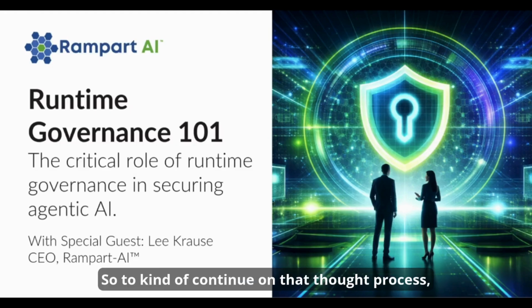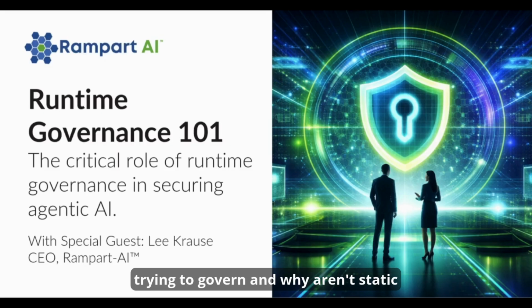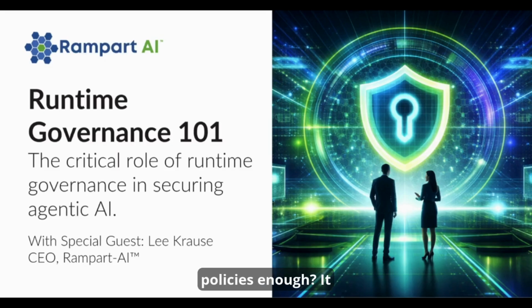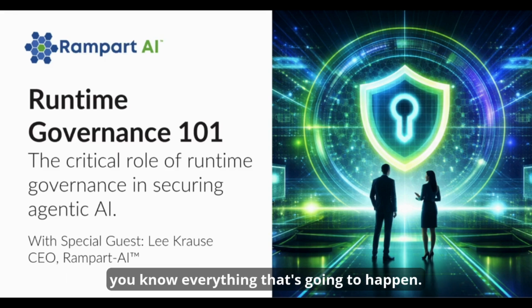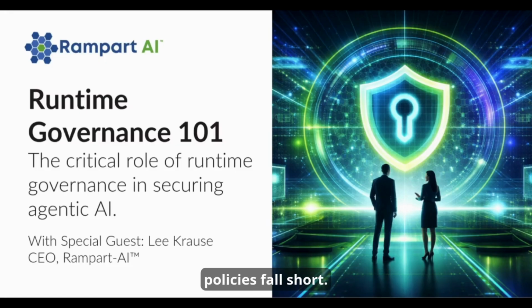So to continue on that thought, what kind of agentic behaviors are companies trying to govern, and why aren't static policies enough? It goes back to the point that static policies work when you know everything that's going to happen. It's easy to come up with static policies. It's when things are going to change that static policies fall short.